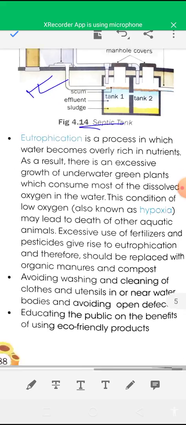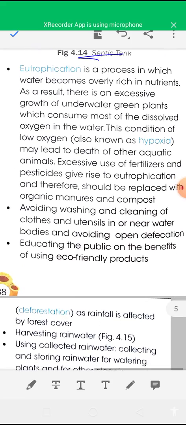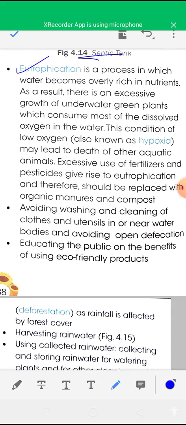And next method is avoiding use of excessive fertilizer and pesticide, because excessive use of fertilizer and pesticide gives rise to eutrophication. Okay, what is eutrophication?